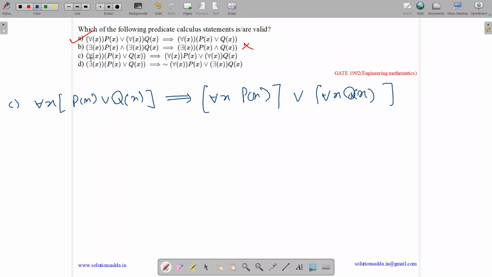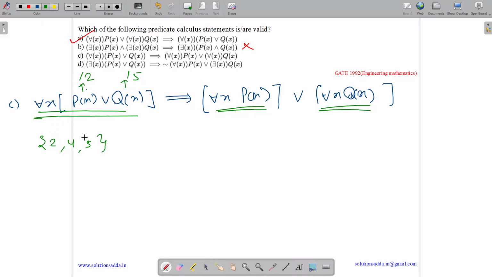It means if for all the items either p is true or q is true, then p will be true for all the items or q will be true for all the items. This is false. You can easily take an example. Let us assume p is divisibility by 2 and q is divisibility by 5, and we have items like 2, 4 and 5. Then for all x, either p is true or q is true.